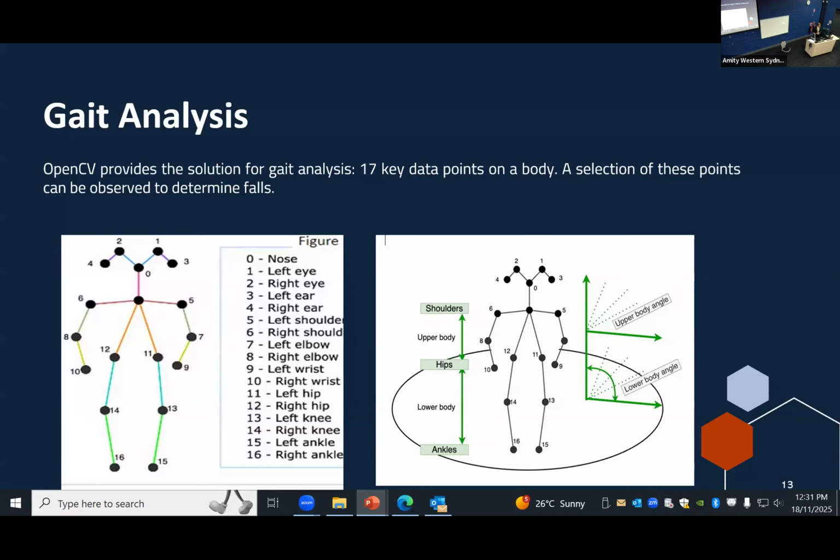For example, with OpenCV, we did another project where you have got the camera facing you, or facing a room that you're in, and basically it can track your movements, and it puts 16 points in different parts of your body, and as you move it can follow you. So we divided these movements into upper, lower body, side movements, etc., and they're very accurate.